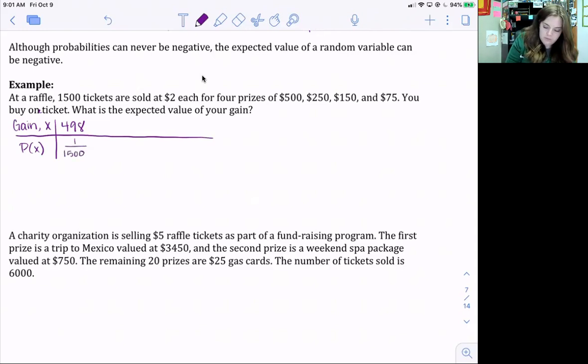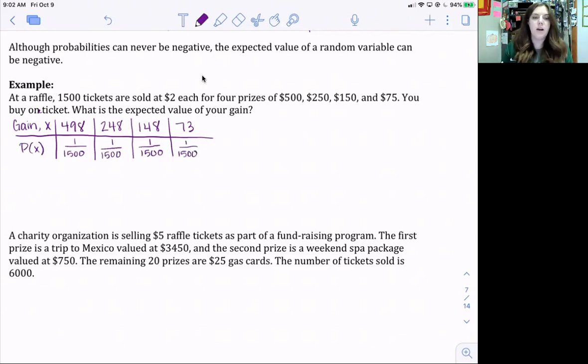Okay. Now if we look at 250, our gain, subtract the $2, is 248. And that again is one person out of the 1,500 tickets. 150 minus $2 is 148. Again, only one person wins, so 1 out of 1,500. And then $75 becomes $73, and that's 1 out of 1,500.